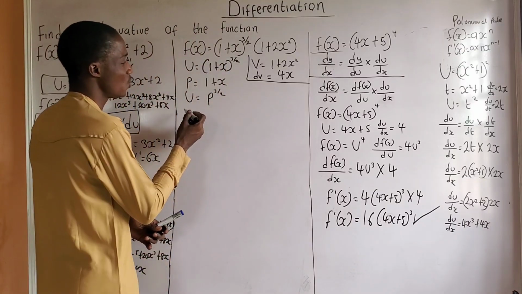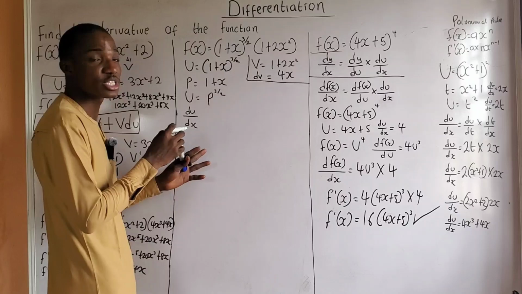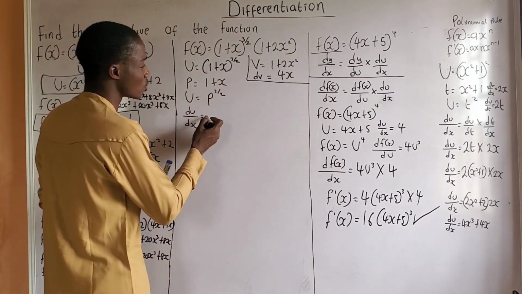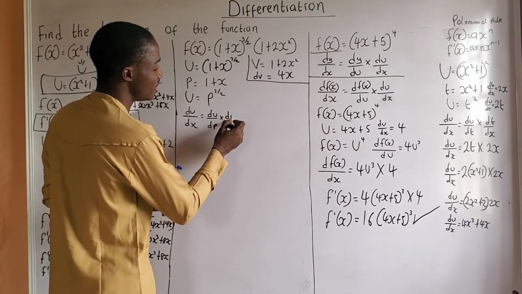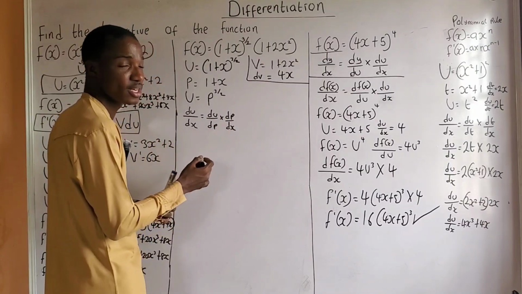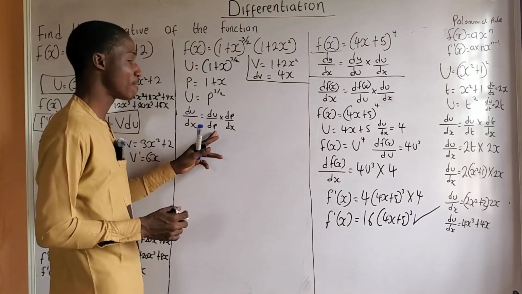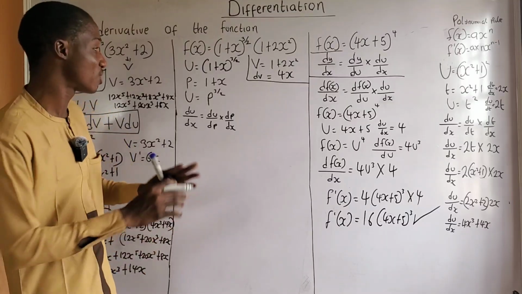Now, du over dx. Don't forget that our goal is to find du with respect to x, right? Du over dx will be equal to du over dp multiplied by dp over dx. Are you getting it? Du over dx will be equal to the derivative of u with respect to p multiplied by the derivative of p with respect to x. So, I've not done anything.